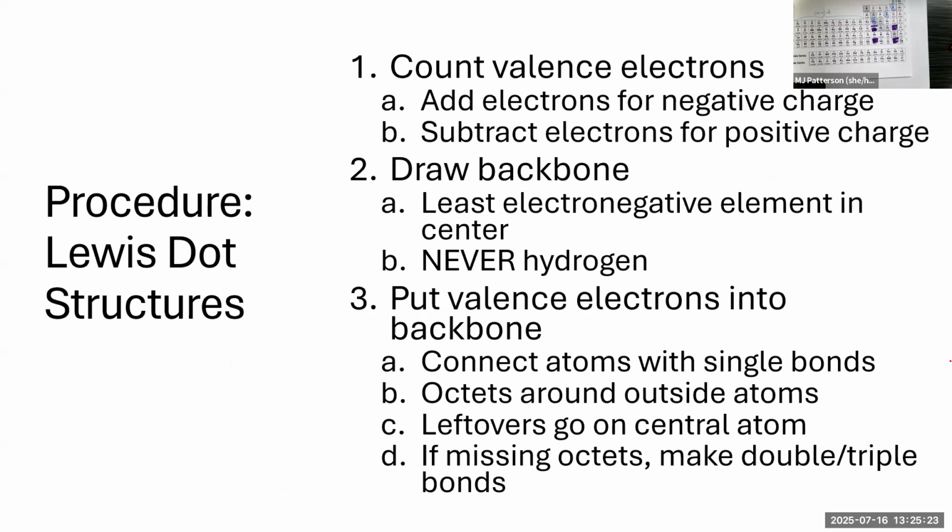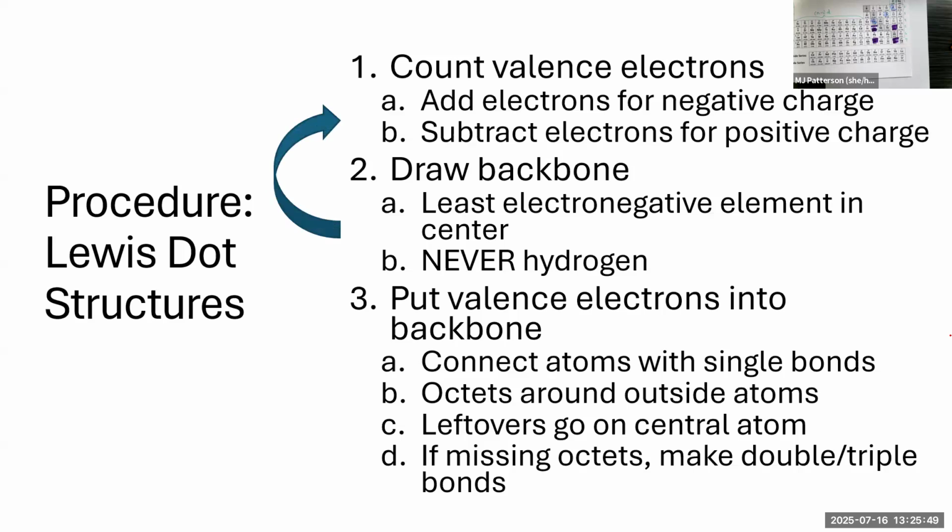This procedure for Lewis dot structures, it's a lot of words. And if I go through the procedure right now, it's just meaningless reading a bunch of words. There's one thing I want to point out though, before we start drawing them, because I think it's easier to start drawing them and then come back and look at the procedure. But one thing I want to point out is step 1 and step 2. Those 2 steps are independent of each other.